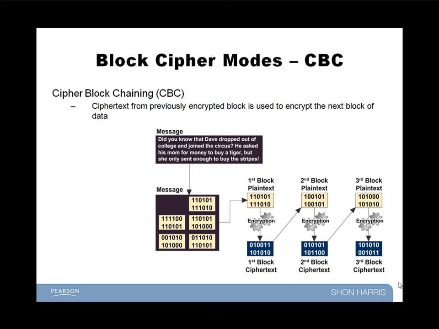The second block of my message is encrypted, but the block from the first encryption is added to the encryption process of the second one. That adds a lot of randomness. So this continues until all of my message has been encrypted, and again the result is ciphertext.